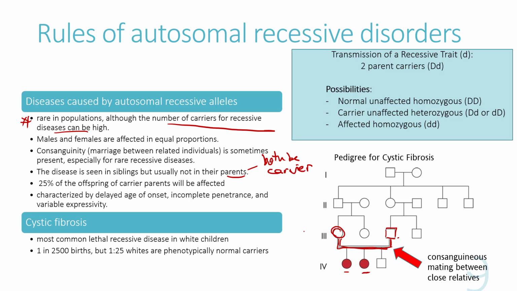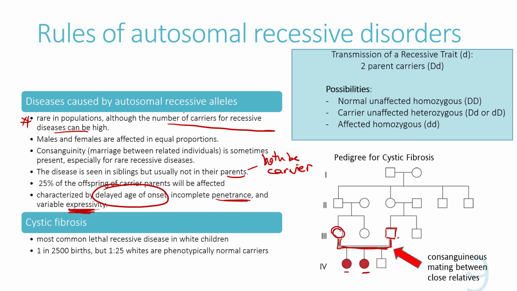And then sometimes it's characterized by delayed onset, incomplete penetrance, and variable expressivity. So we're going to look at expressivity and penetrance later on. Delayed age of onset means that for some of the disorders, the person doesn't get it as soon as they're born. So it might develop over time. So the person might live till they're in their 30s or 40s before the disorder actually manifests itself, right?